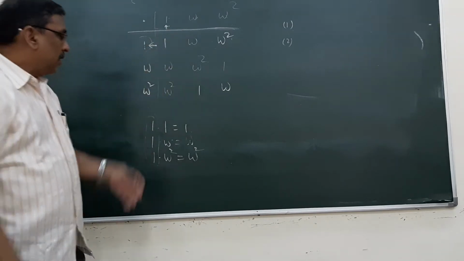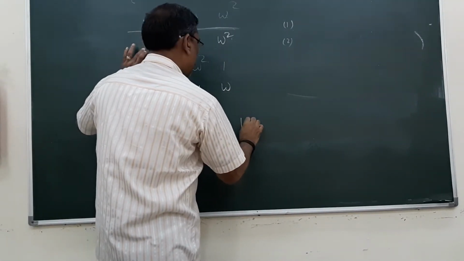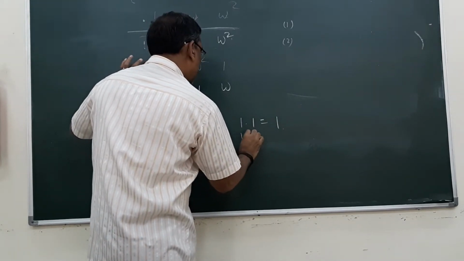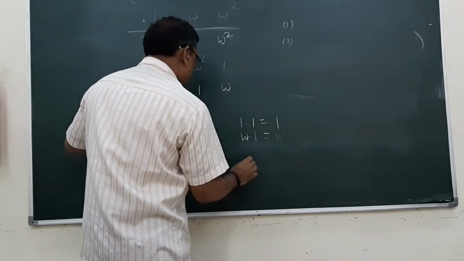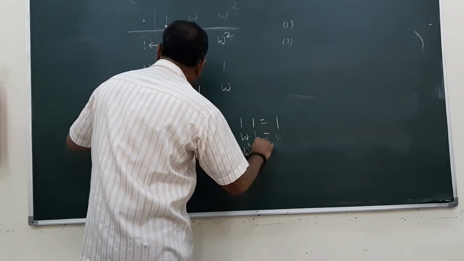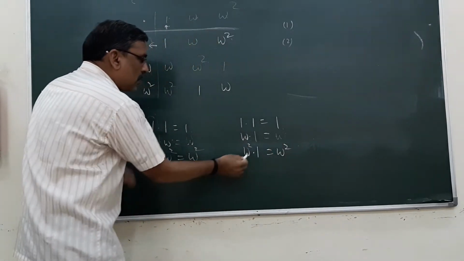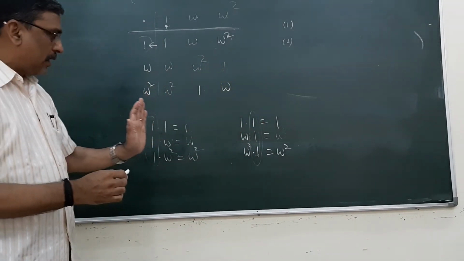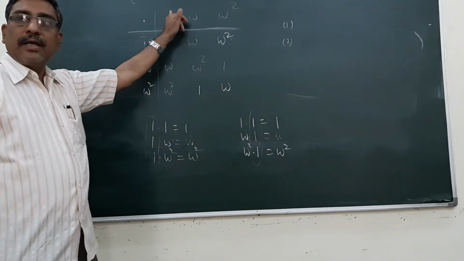Why is this right identity? Since 1 dot 1 is equal to 1, omega dot 1 is equal to omega, and omega square dot 1 is equal to omega square. All these entries lie to the right side of these elements, therefore this one is known as right identity.